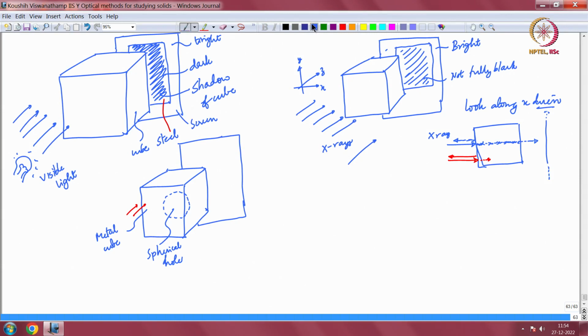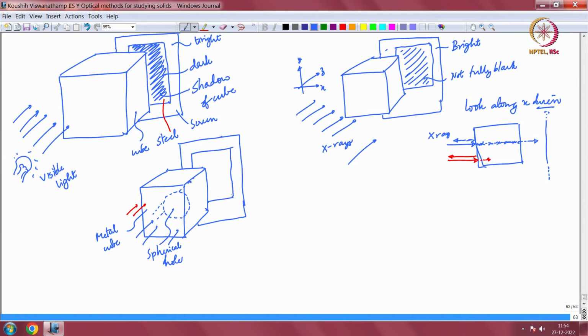On the other hand, if you passed X-rays, remember we said that these X-rays are getting absorbed as they go through the material, and they also come out through the other end and they are transmitted out. So you see a grey image.